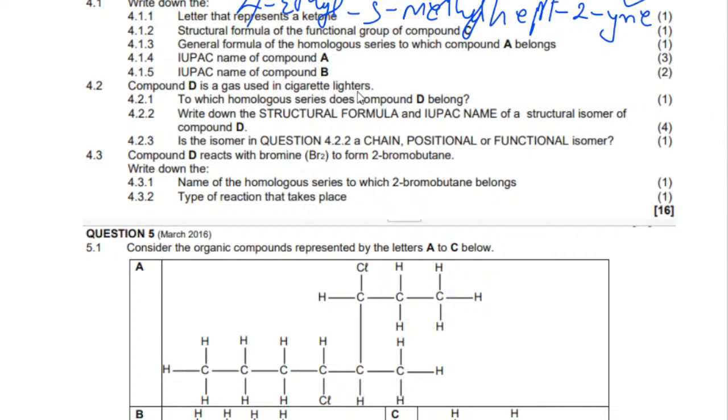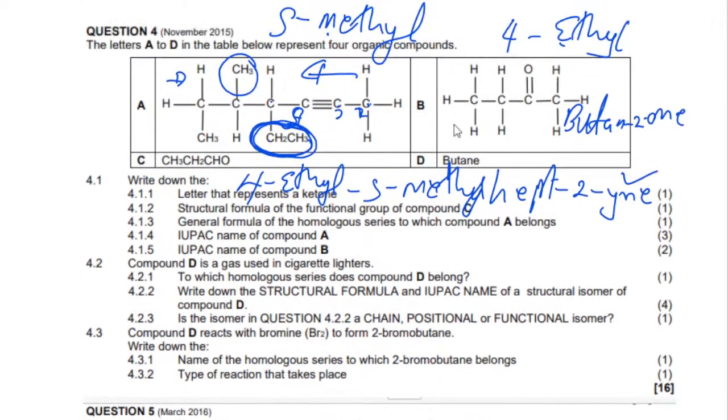Then they're asking which homologous series compound D belongs to. So let's look at compound D. It is butane. So to which homologous series does it belong? The moment you say butane, it is an alkane because it is derived from there. It's an alkane.